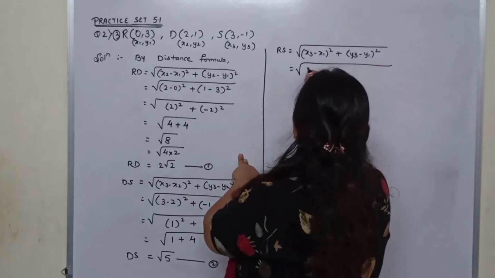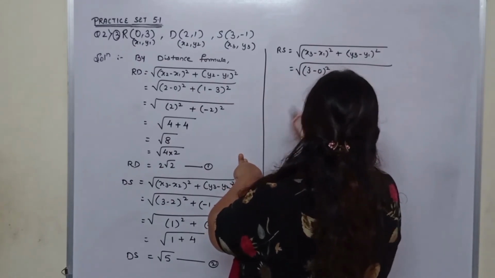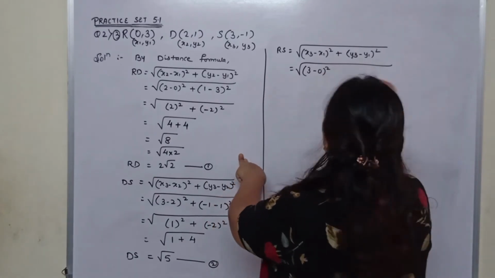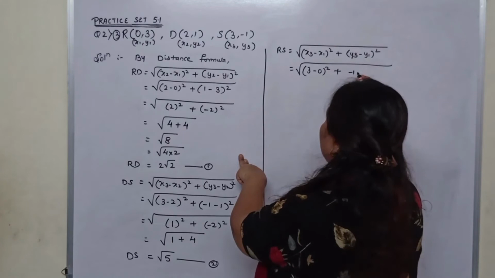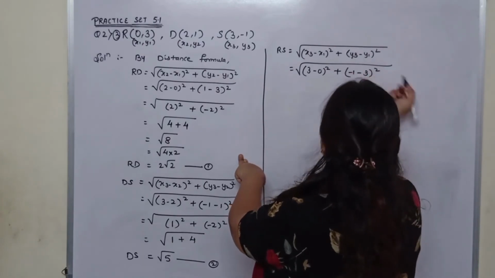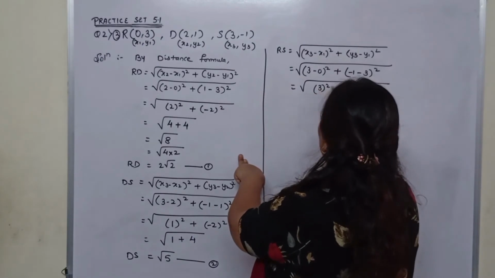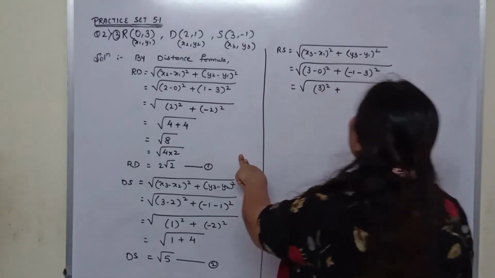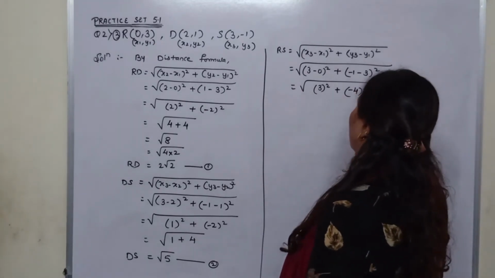So x3 is 3 and x1 is 0. 3 minus 0 is equal to 3, that is the whole square, plus y3 is minus 1 and minus 3, the whole square. 3 minus 0 is 3 the whole square plus minus 1 minus 3 is minus 4 the whole square.